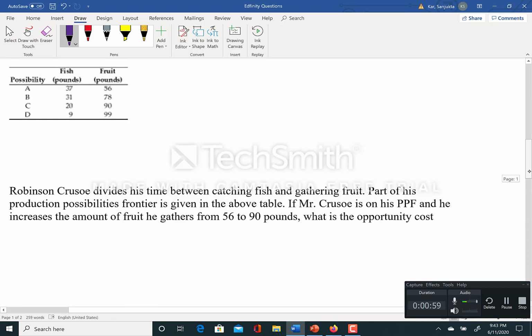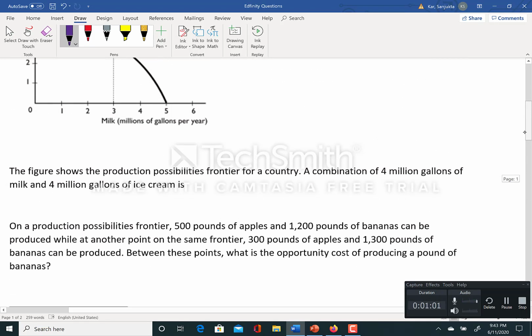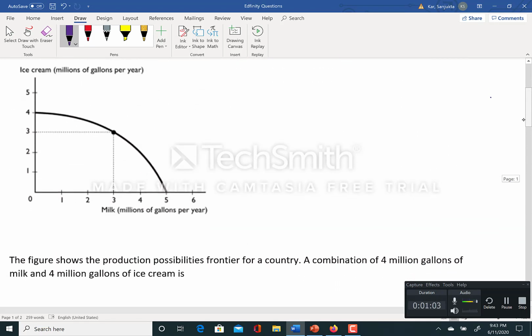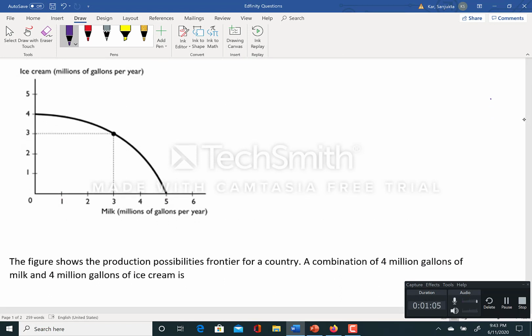Then we go to the next one. It says we have another production possibility frontier, asking about a combination of 4 gallons of milk and 4 gallons of ice cream. We're going to see a bunch of choices here.